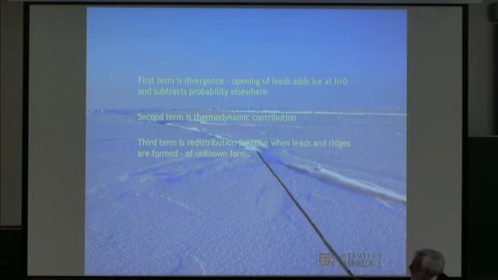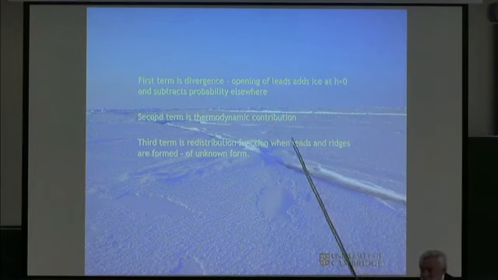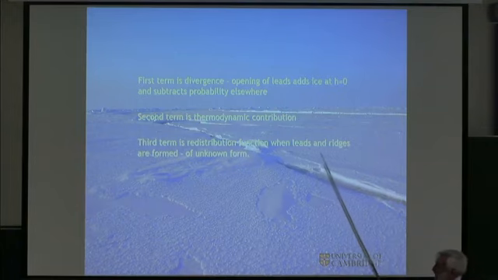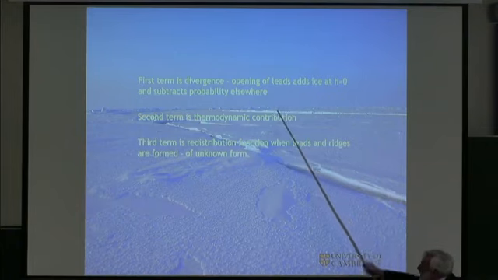We don't quite know what form that should take. So the divergence term is simply leads opening up. That means all the rest of the probability density function goes down a bit, and you get a lot of zero thickness ice, which then changes into finite thickness ice.